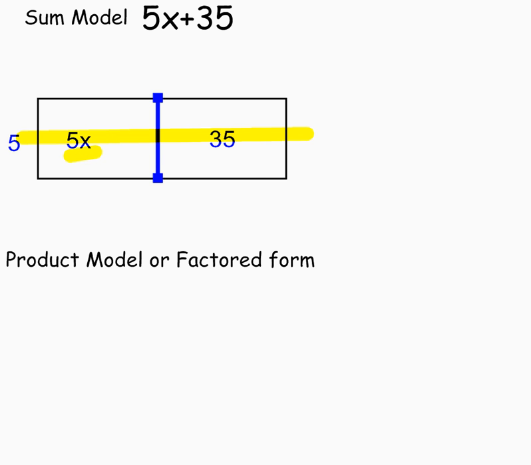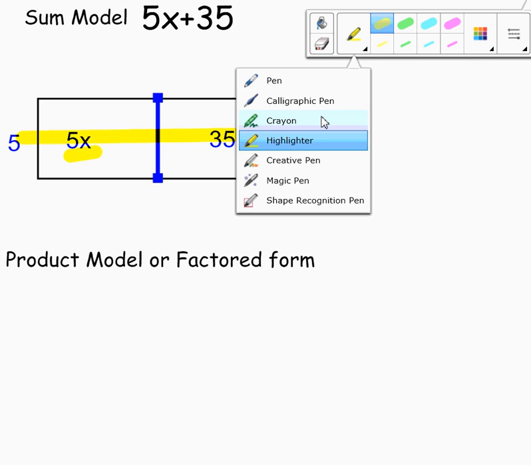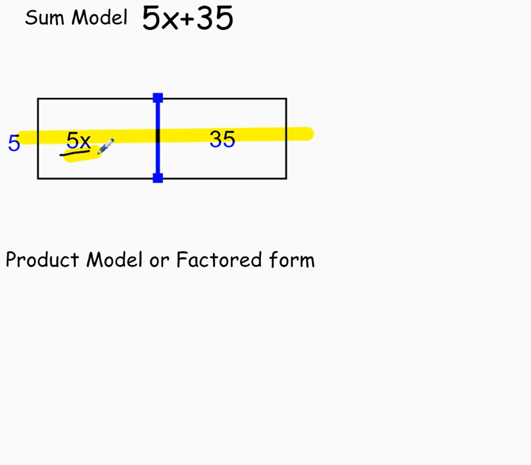If I drew a little line here and put 5, and drew a little line and put 5 there, I could cross out my 5s and I would notice that I get x left over. And if I did the same thing here, 35 divided by 5 gives me 7. So my product model, or what we're going to call now factored form, is 5 times the quantity x plus 7.